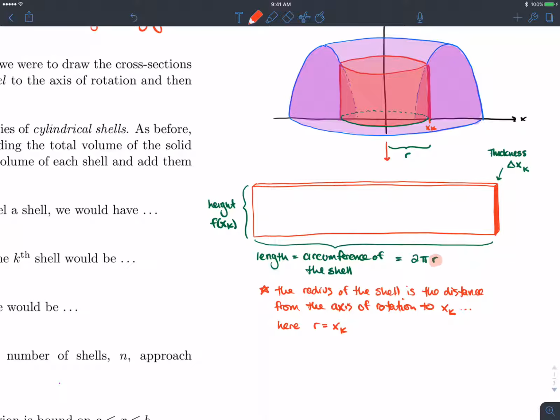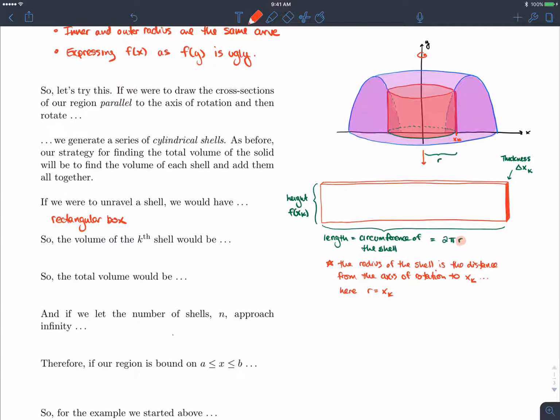All right, so we've defined all 3 dimensions of this box, so now we can actually calculate the volume of this kth shell.